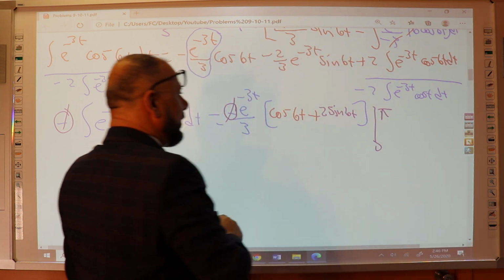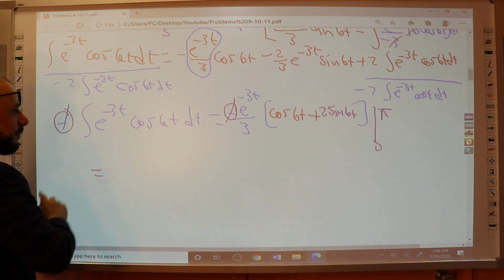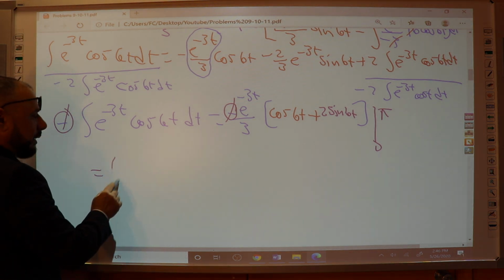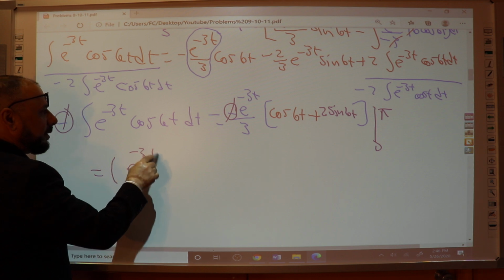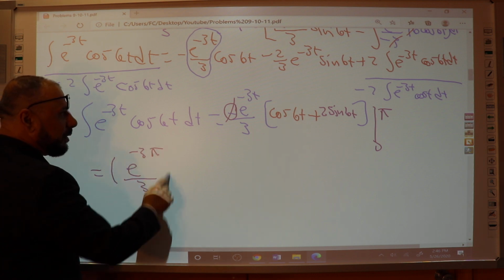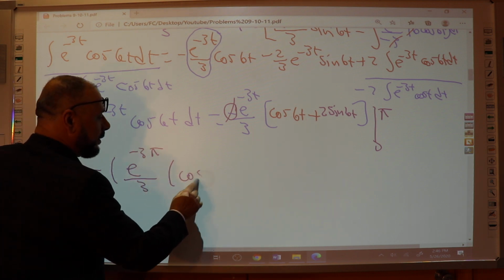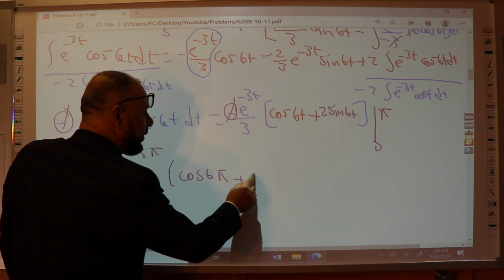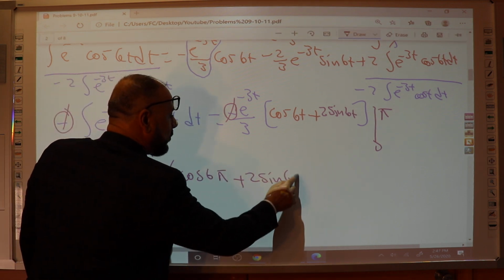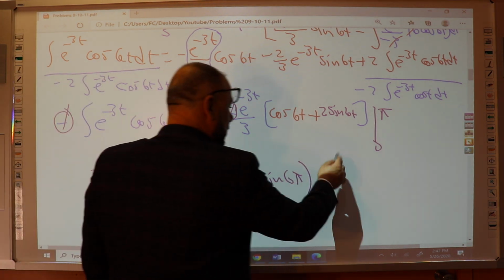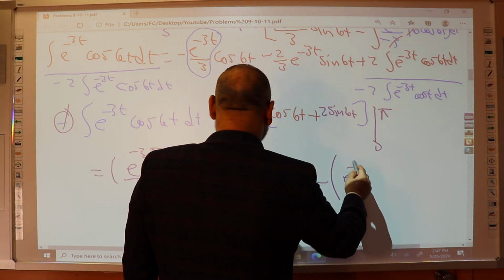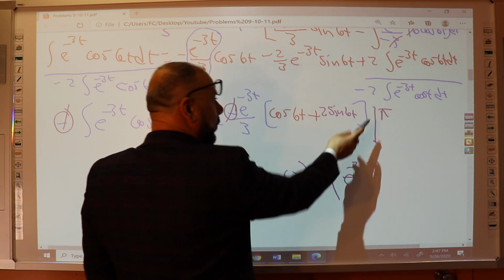Then we start with pi, equal to e to the negative 3 pi over 3 cosine 6 pi plus 2 sine 6 pi, minus e to the negative 3 times 0. We finish with the pi.